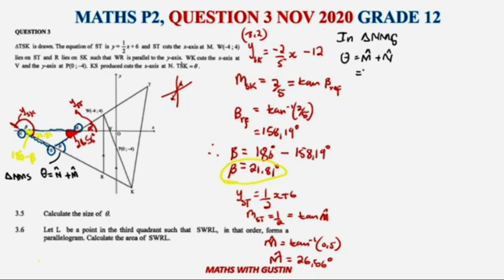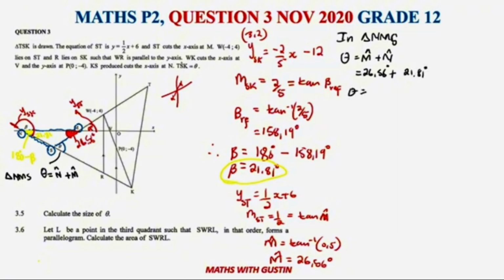Now we are in 2020, so please make sure that you watch the whole series, so that this concept really delves in your brain, so that you don't forget it and you really practice it thoroughly. All right, so now let's see. M is given by 26.560 plus what do we have here? We have got N is 21.810.